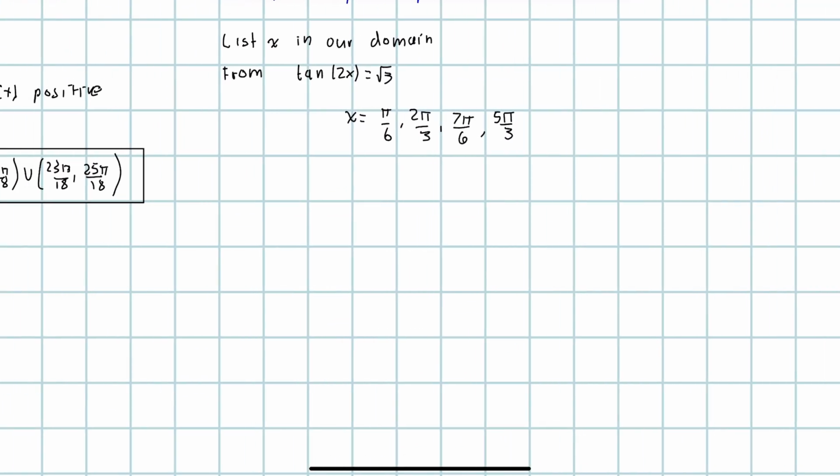But we know that it is undefined at x equal to pi over 4, 3 pi over 4, 5 pi over 4, and 7 pi over 4.